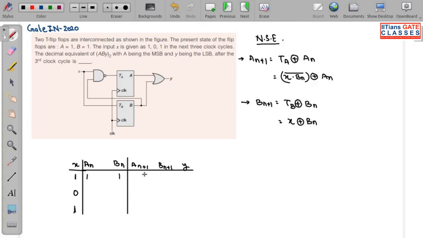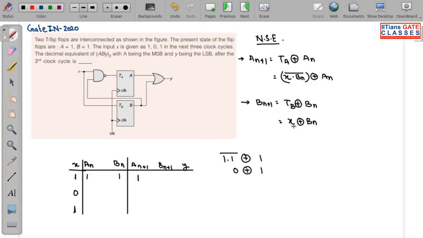Now look very carefully, what is A(n+1)? It is X NAND Bn, XOR An. So 1 into 1 whole complement is 0, XOR with An, which is 1, so this will be 1.